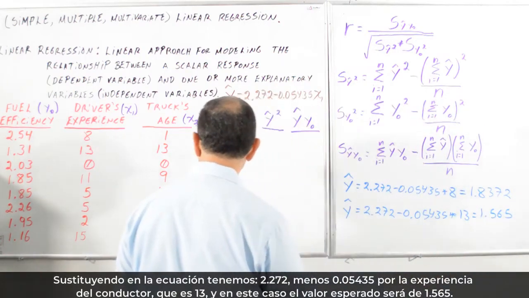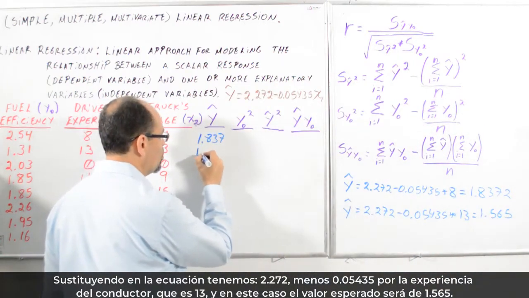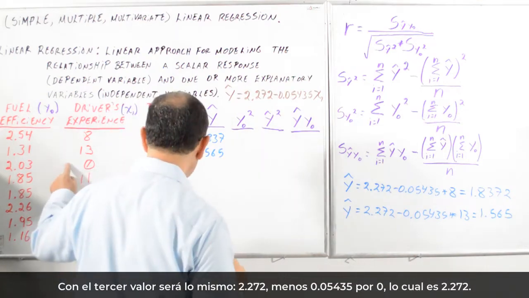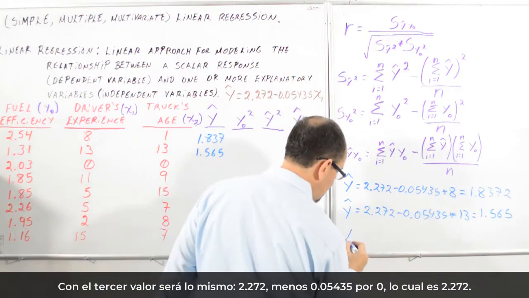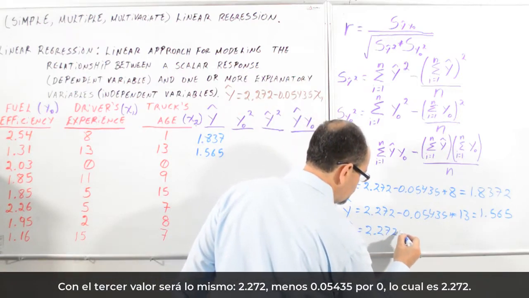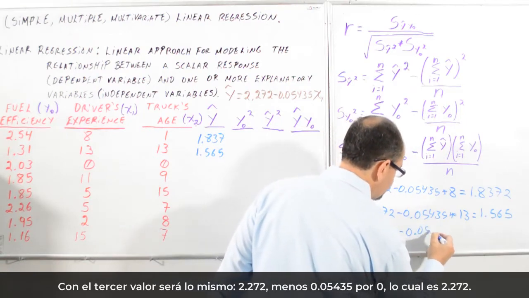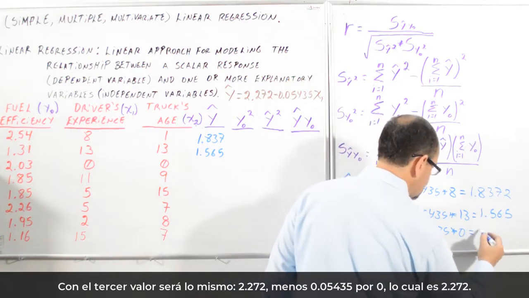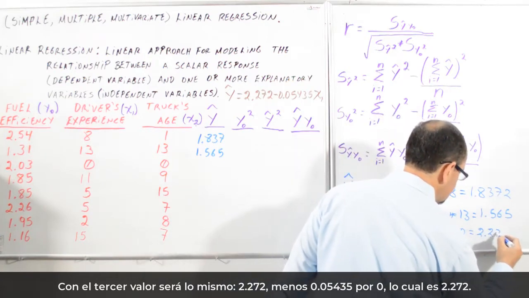And that will be the second expected value, 1.565. The third value will be the same thing: 2.272 minus 0.05435 times 0, which is 2.272.